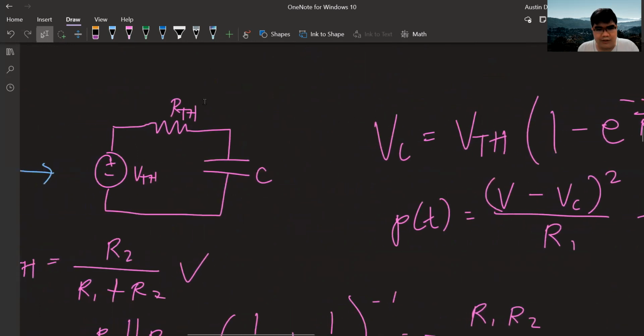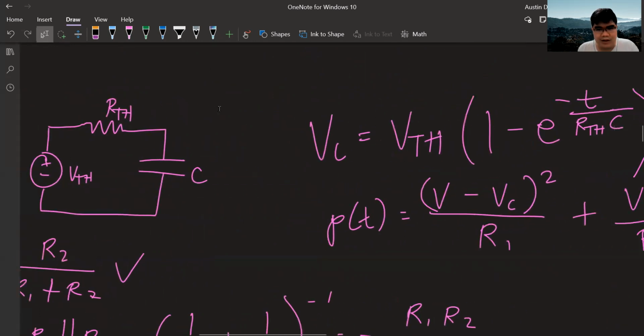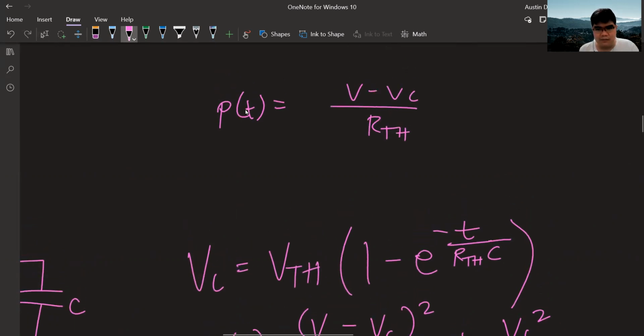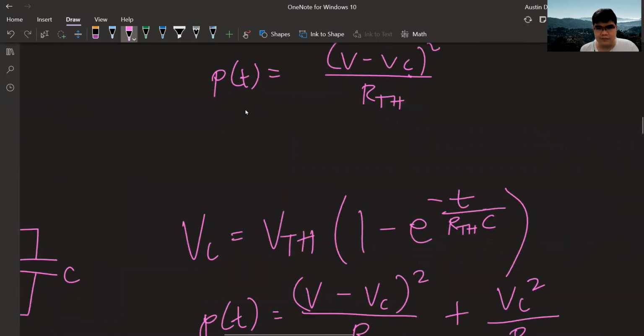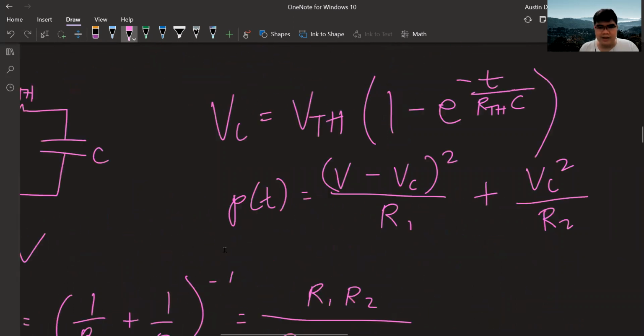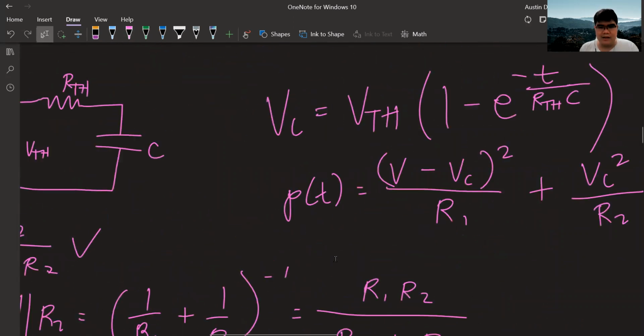Okay, so kung tinry mo, kung RTH ginawa mo dyan, yung lalabas, P of T, then (V minus VC) over RTH, squared. Tapos ito ay ni RTH natin. Okay, this one.